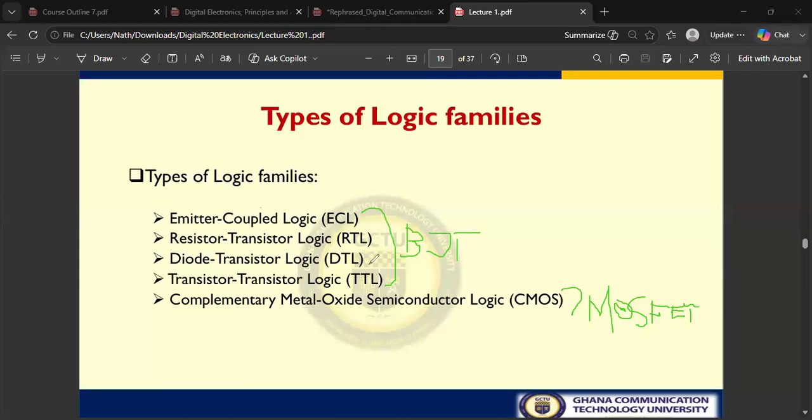So under the BJT, we have the emitter coupled logic, a logic family that prevents transistors from entering the saturation region. The saturation region is where the transistor has exceeded its operating limit.